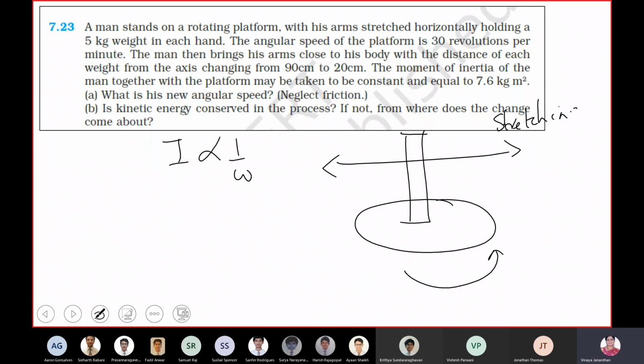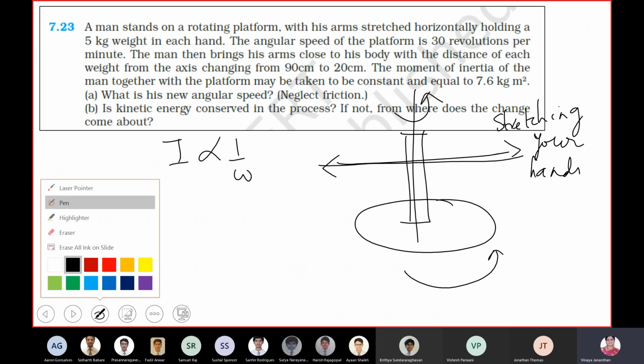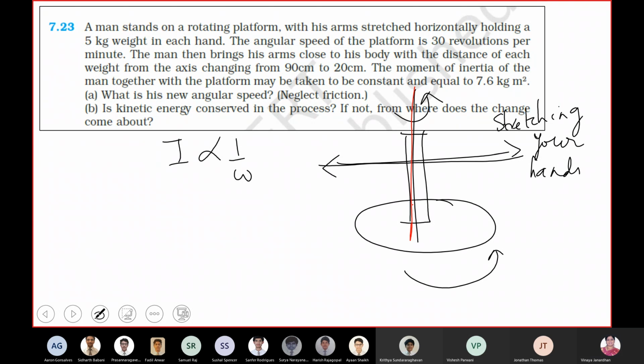This will be the axis of rotation. How do you rotate? You're sitting on a turntable and rotating, so this becomes your axis of rotation. Can you imagine? You're rotating about an axis which is passing through you.